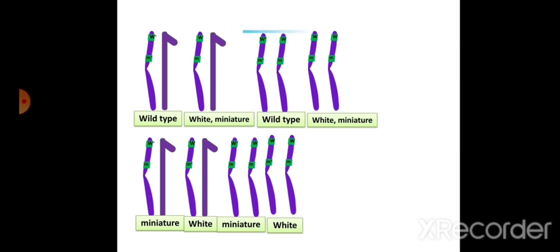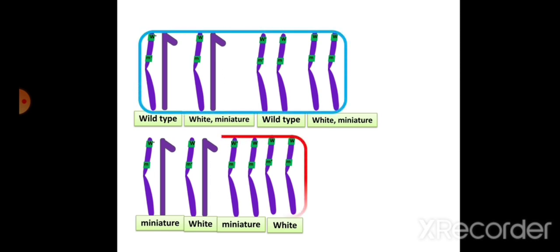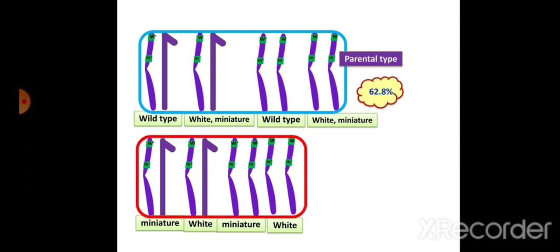If you see the blue colored highlighted line, it is showing the parental type, which is about 62.8%. In the previous example it was in the 90s, whereas now it has become 62.8%. The red highlighted one shows recombination, and recombination is 37.2%.